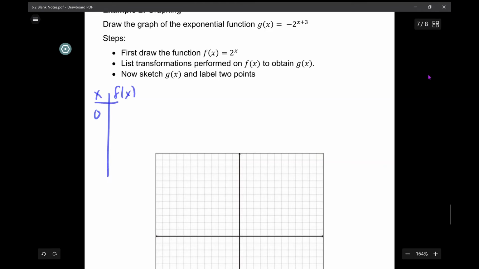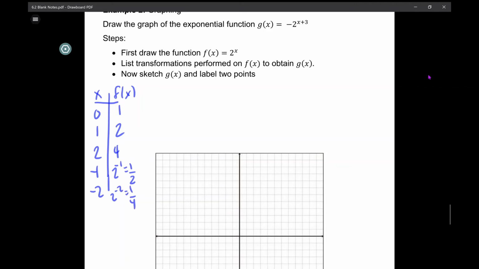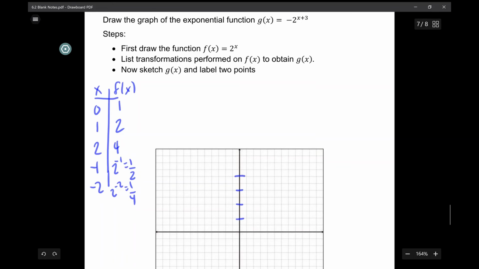And I want to do this well, so let's see here. 2 to the x. If we plug in 0, we get 1. If we plug in 1, we get 2. If we plug in 2, we get 4. If we plug in -1, 2 to the -1 equals 1/2, right? -2, we get 2 to the -2, which is 1/4. All right, so we need 1, 2, 3, 4. That should be good.